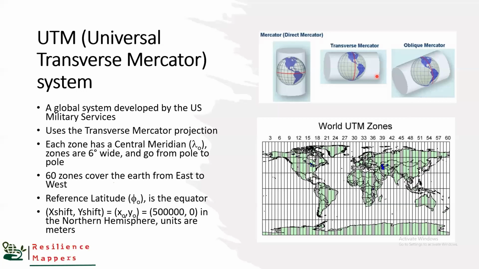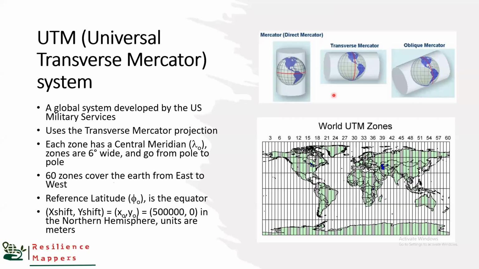We assume the cylinder encloses the globe, then the globe is projected onto the cylinder, the cylinder is cut, and it's laid onto a flat surface.